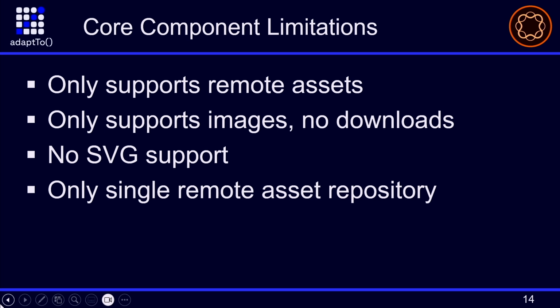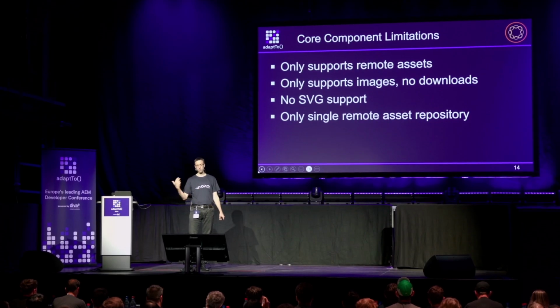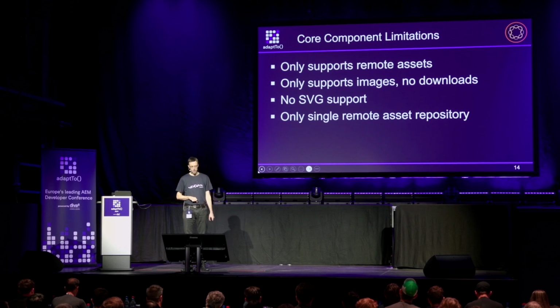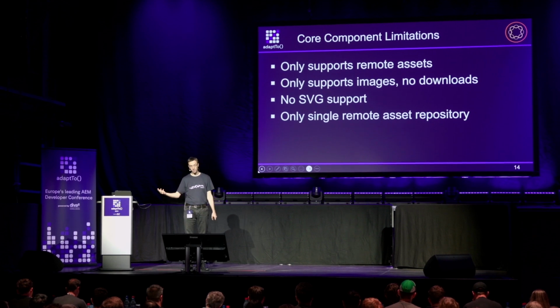And it only supports images with all renditions, smart cropping, but no downloads. So for example, in the download component, you cannot select a PDF from the Media with OpenAPI. It can only pick local PDFs. SVGs are currently not supported. Of course, for SVG, it's not that important to have the media, but if you have stored them centrally in a remote asset instance, still would be interesting to pick them.